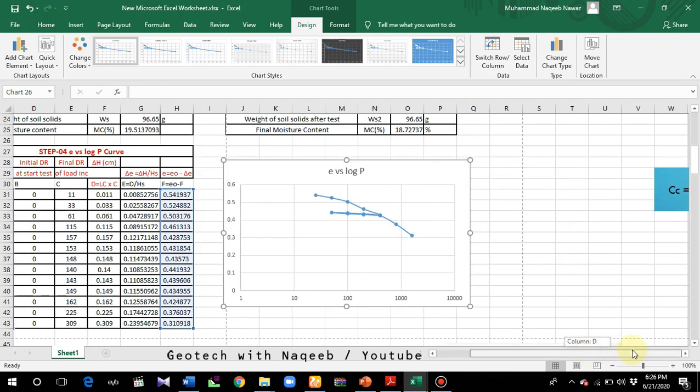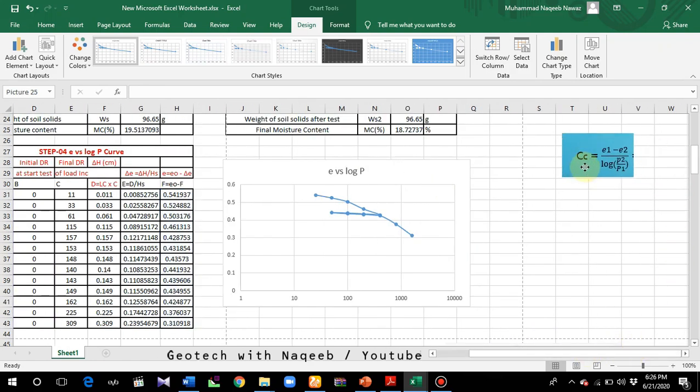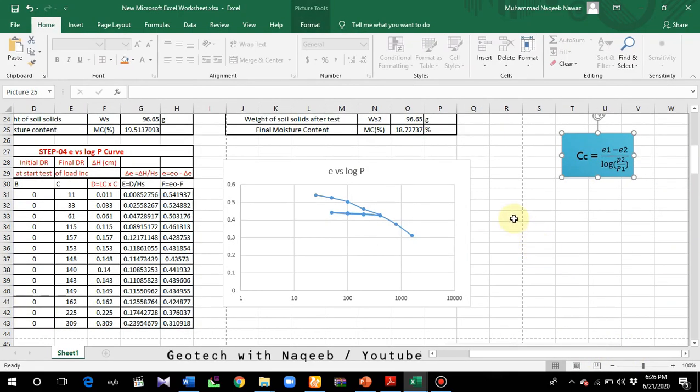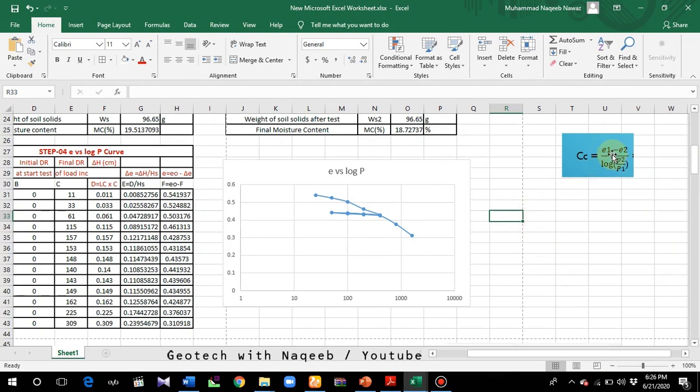Now the next step is to find out the CC value. Now I will have to select E1, E2, here P1, P2, and here I'll have the C sub C value. It will have to be done manually.